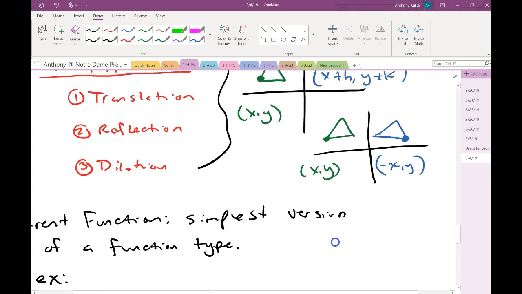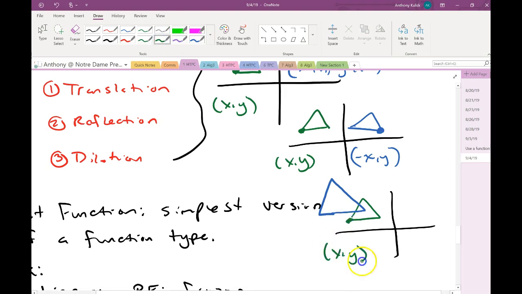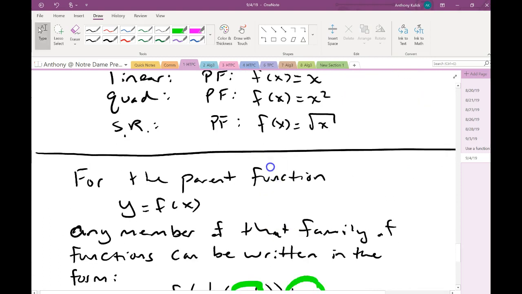Excuse me, guys. And then if we talk about a dilation, something happens like this. Yeah, those coordinates got multiplied. And which ones do the multiplication if I look here?